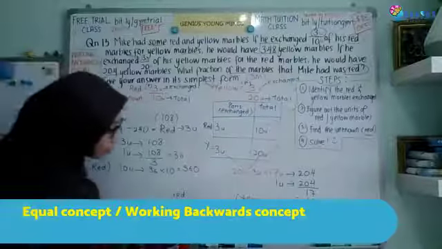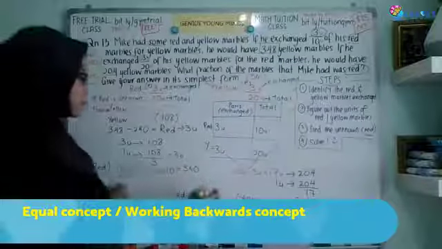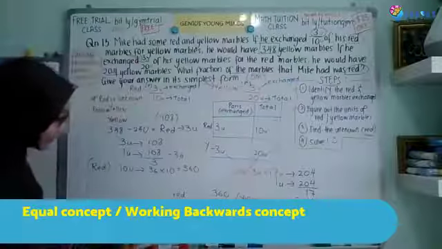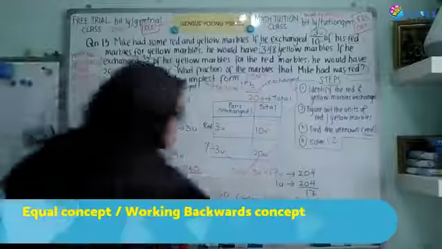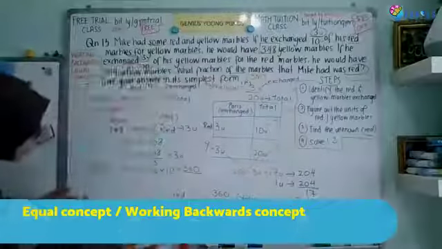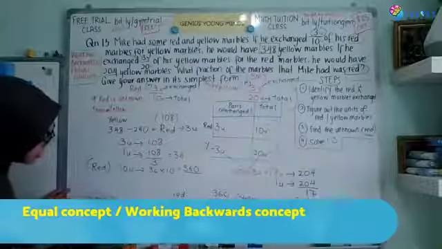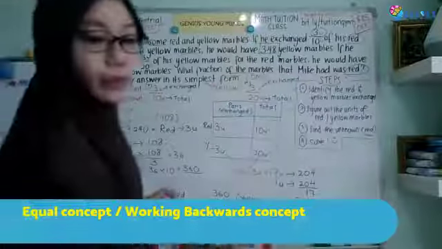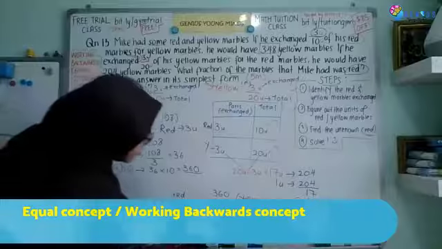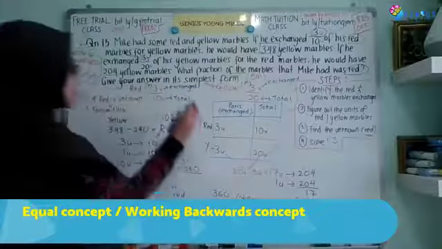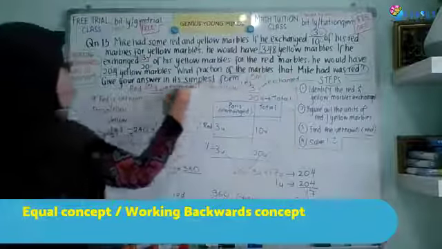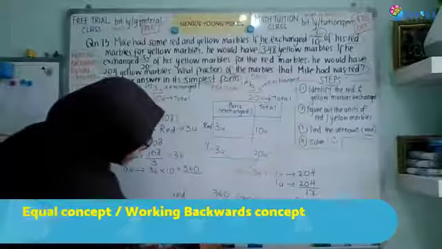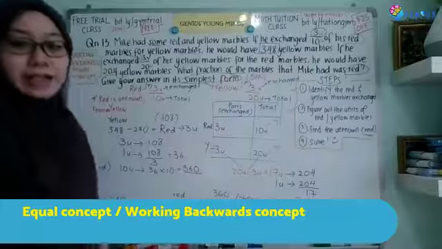So my red is 360. Can I find my total marbles? Yes, I take 360 and 240. So 360 plus 240 equals 600. This is 360 over 600. I'll reduce because it says simplest form. I will get 3 over 5, and this is my answer.